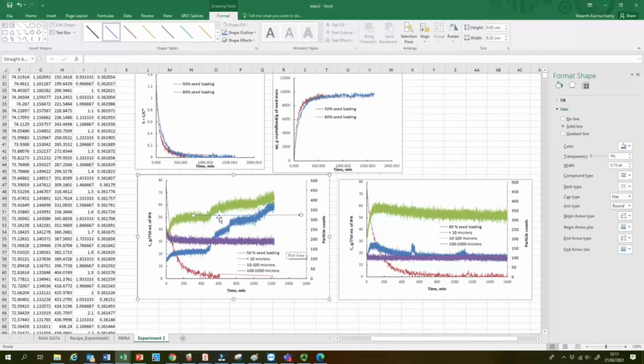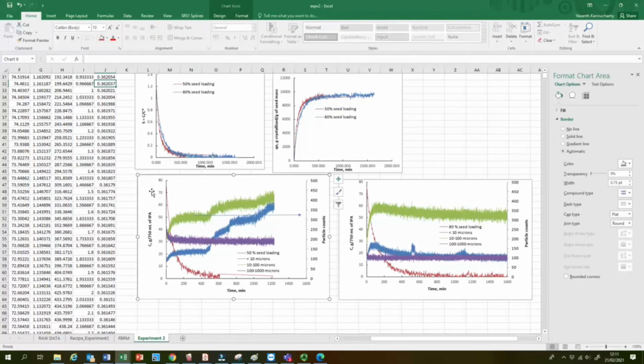So you can use this graph and say, I look at the FBRM and what I see is a sudden increase in the number of particles, especially the fine particles and also particles in the range 10 to 100 microns. So explain this, add this in your discussion part.